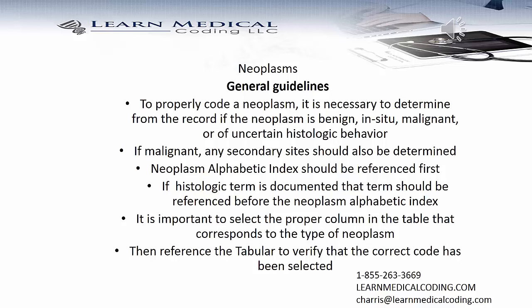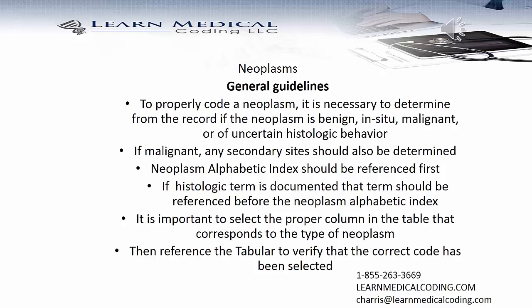The pathology report will have to document this information, or the physician has to document that it's uncertain histologic behavior. This is not an unspecified diagnosis. This diagnosis is used when the physician cannot determine what type of behavior the neoplasm has.